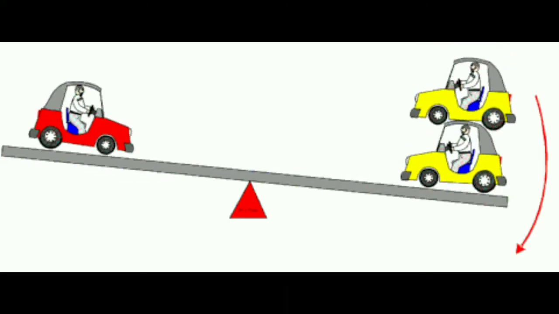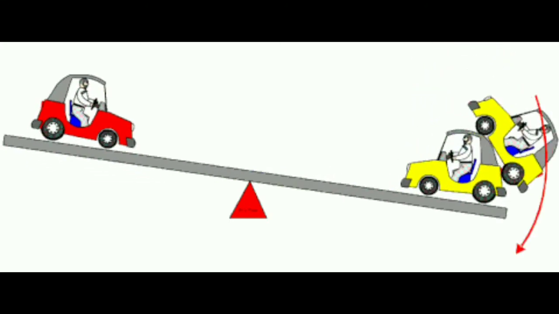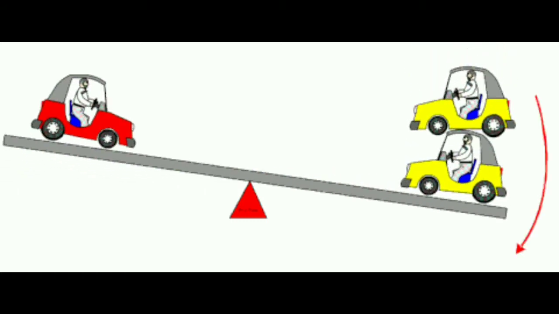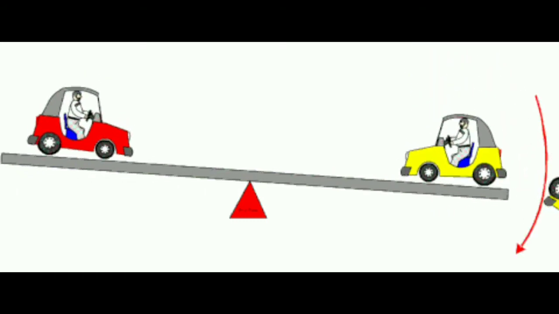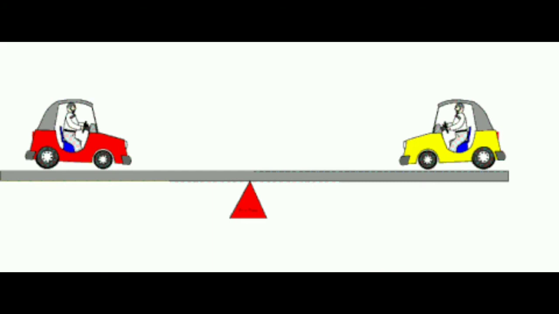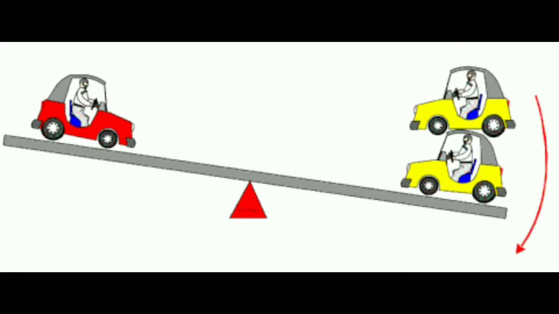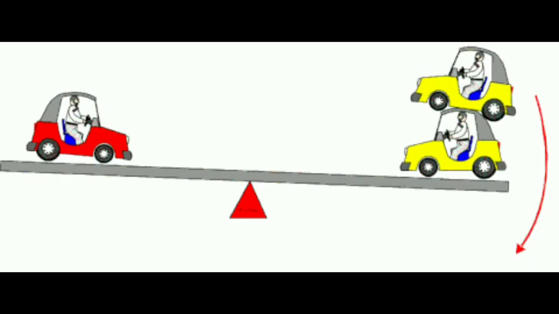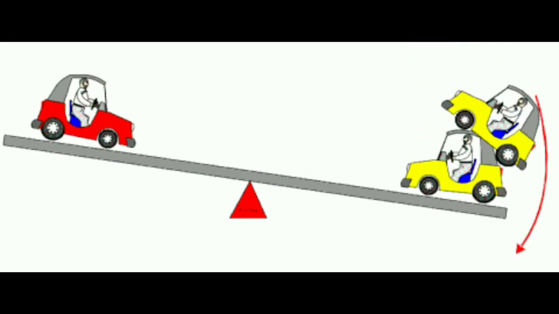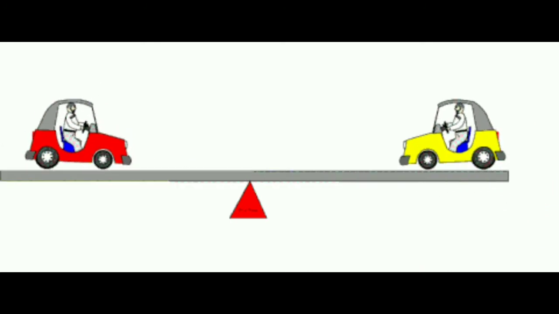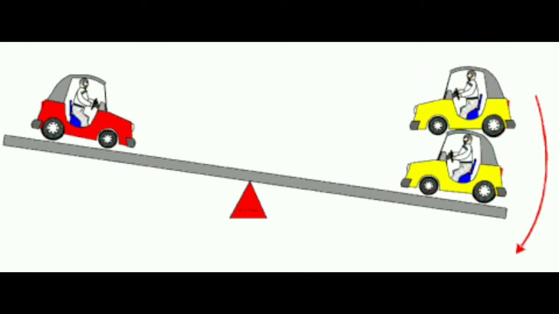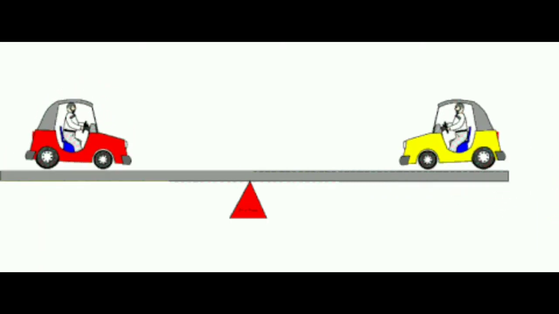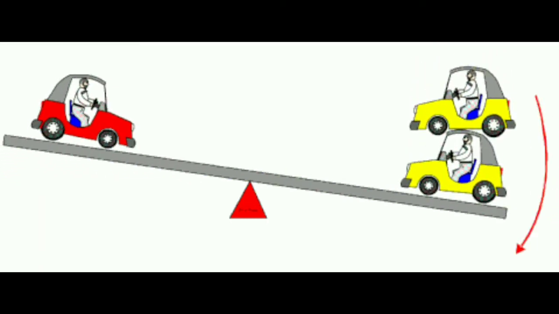Students, force can be of two types: balanced force and unbalanced force. If the resultant of all the forces acting on a body is zero, then the force is called balanced force. For example, in this case, when there were only two cars of the same mass, they were balanced. But when another car falls on one side, there is imbalance.